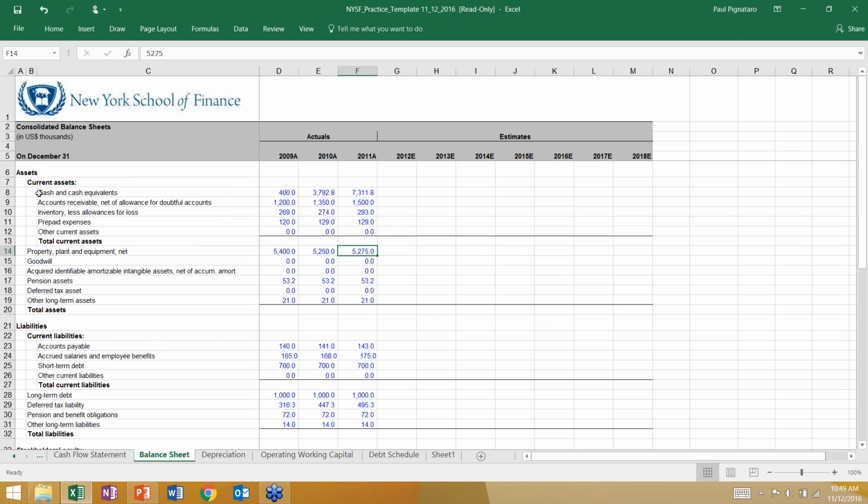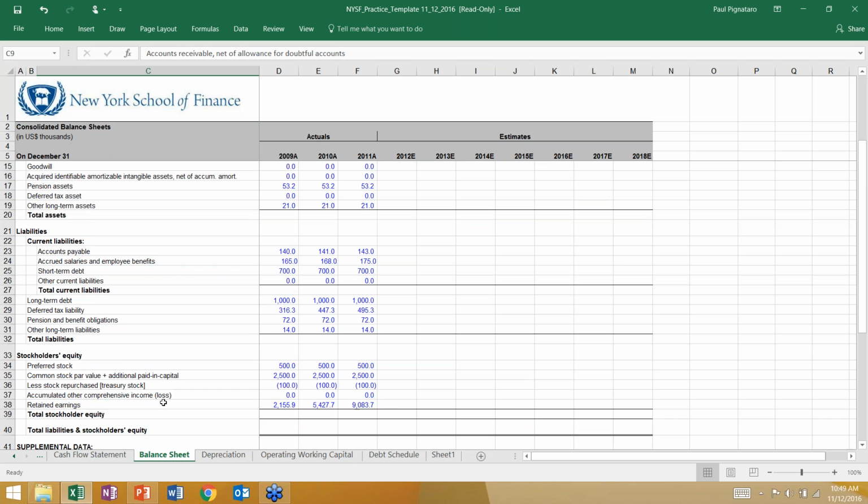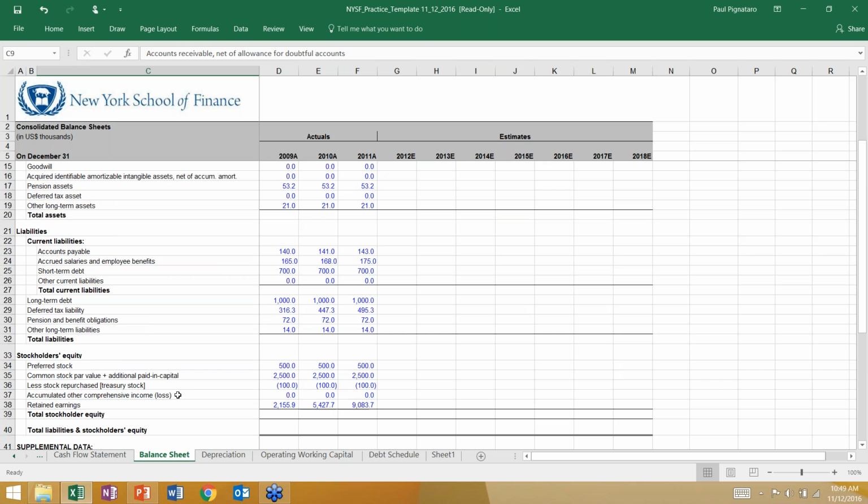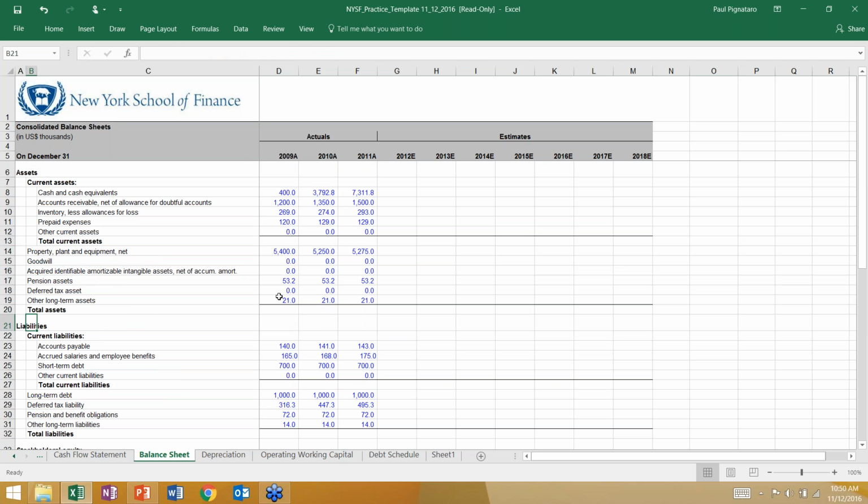Let's quickly look at the structure of the balance sheet. Again, I'm not going to go through too many concepts, but the balance sheet consists of assets, liabilities, and shareholders' equity. And there's a formula that must always hold: your assets minus your liabilities must always equal the shareholders' equity, or, doing algebra, shareholders' equity plus liabilities must always equal total assets.